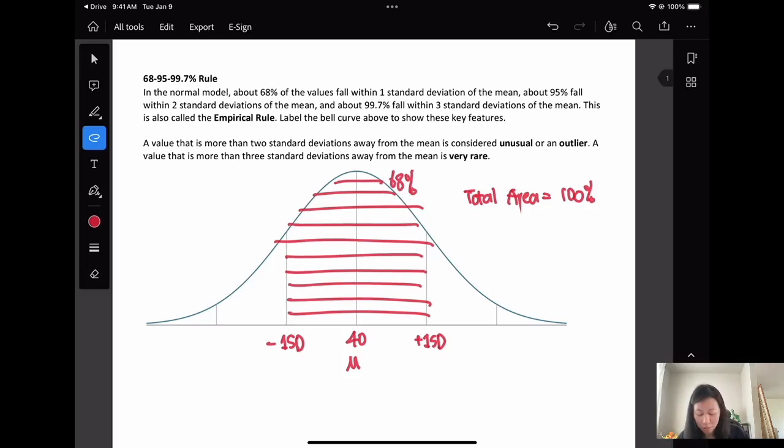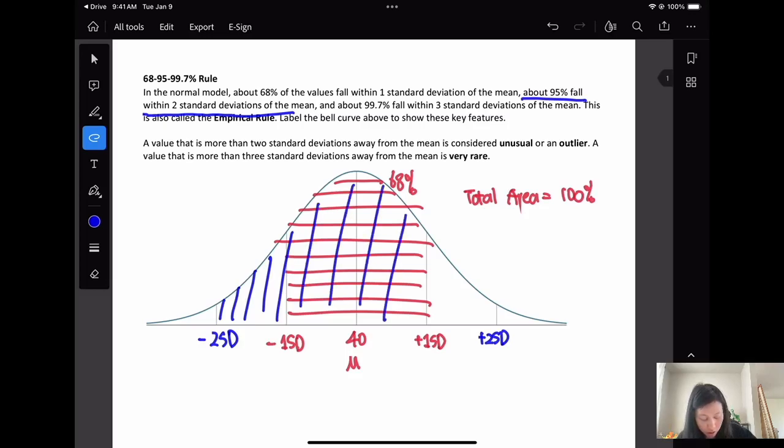Now, the second part says about 95% of the values fall within 2 standard deviations of the mean. Here are our 2 standard deviations from the mean, and the blue highlighted part contains 95% of the data.